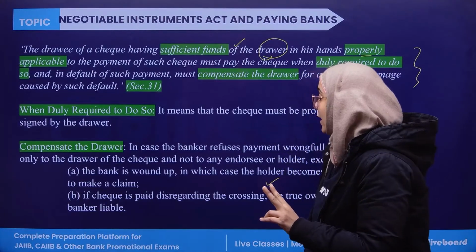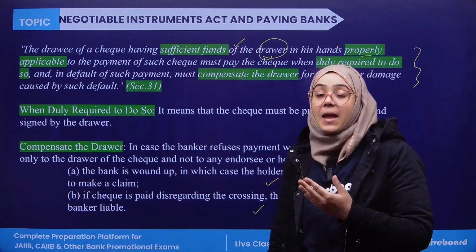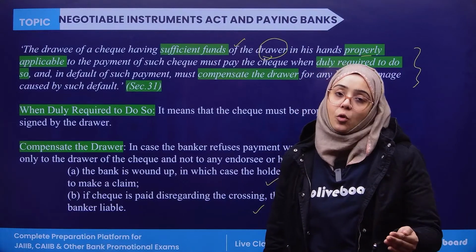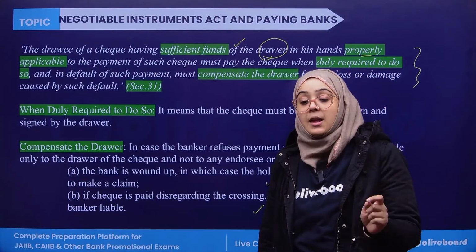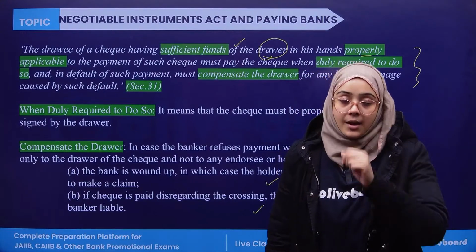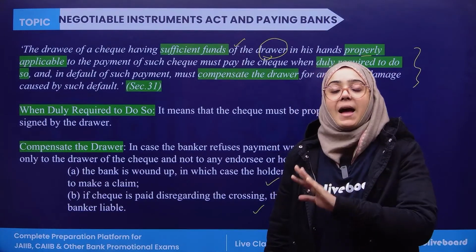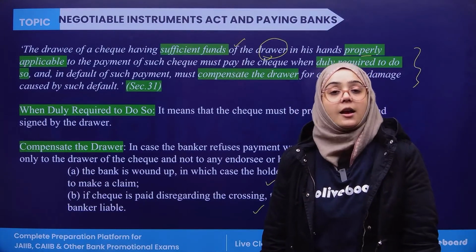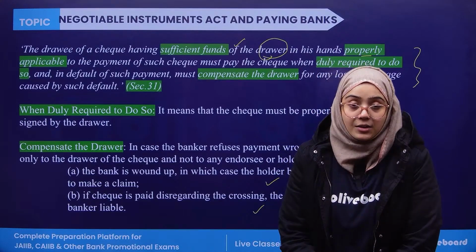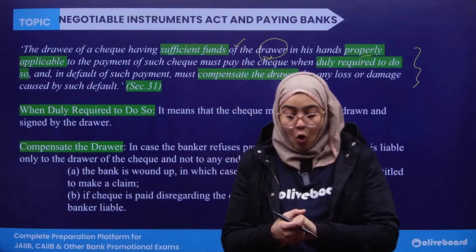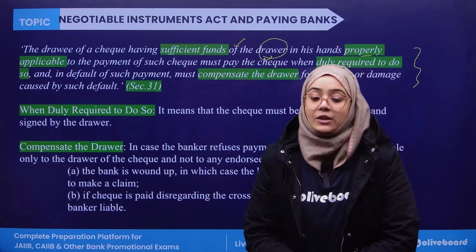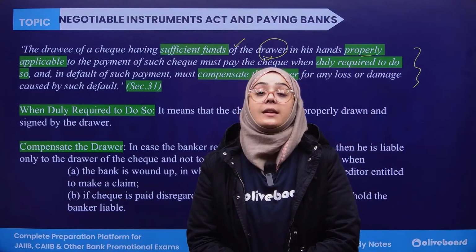And the second is if the check is paid disregarding the crossing. If this is an account payee check, meaning you have to submit it to a particular account, irrespective of that, the bank has submitted it to another account. In this condition, the bank is responsible for compensating all the losses which the holder can have.